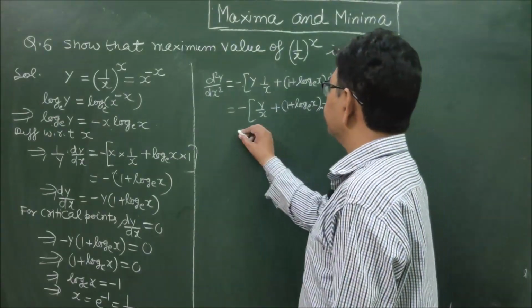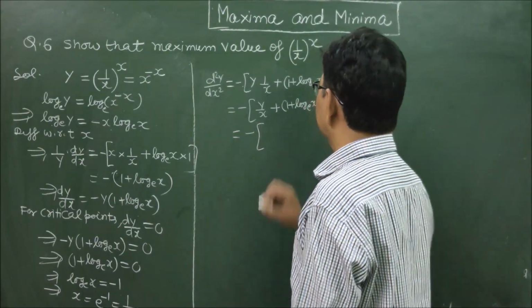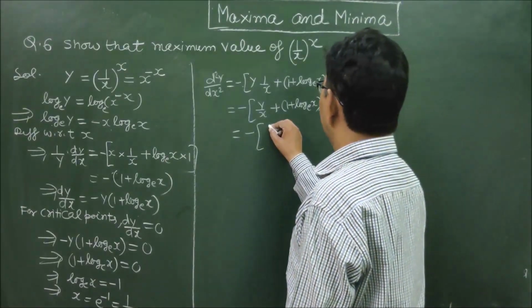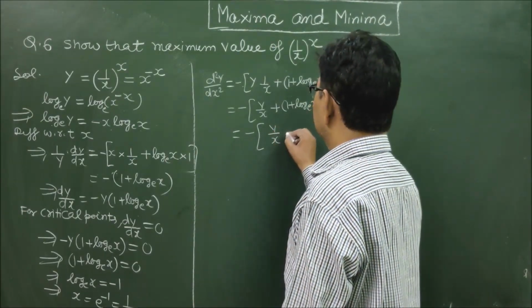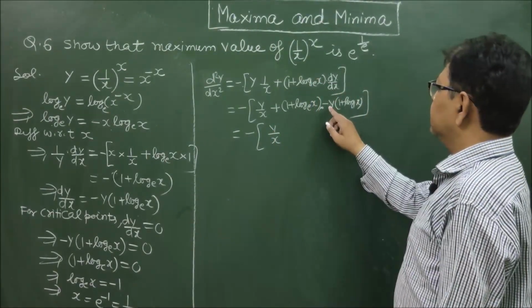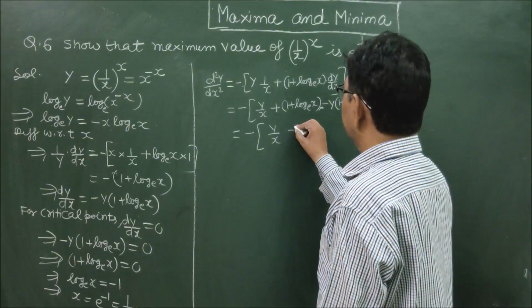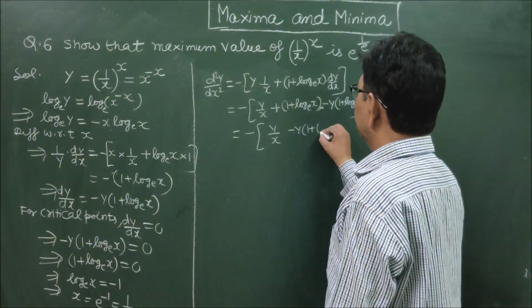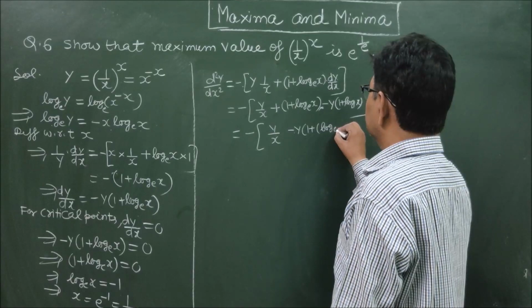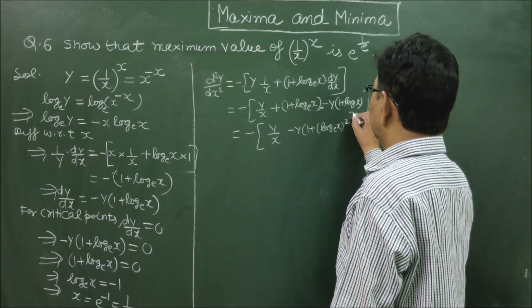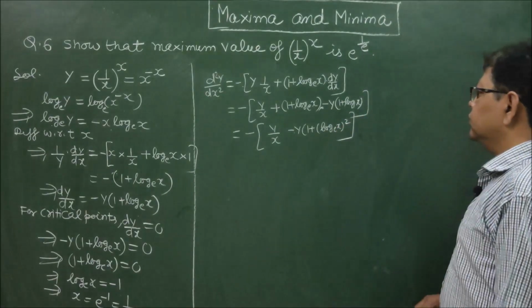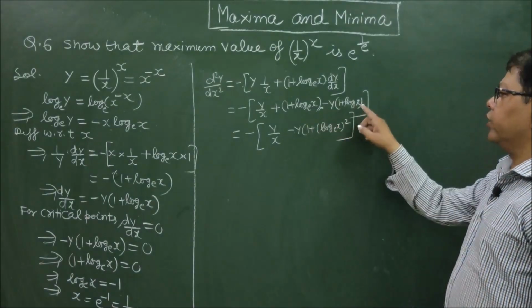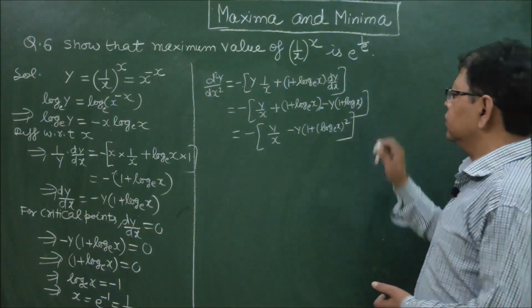So this is equal to minus y upon x, and here minus y into (1 plus log x) whole square, because (1 plus log x) into (1 plus log x).